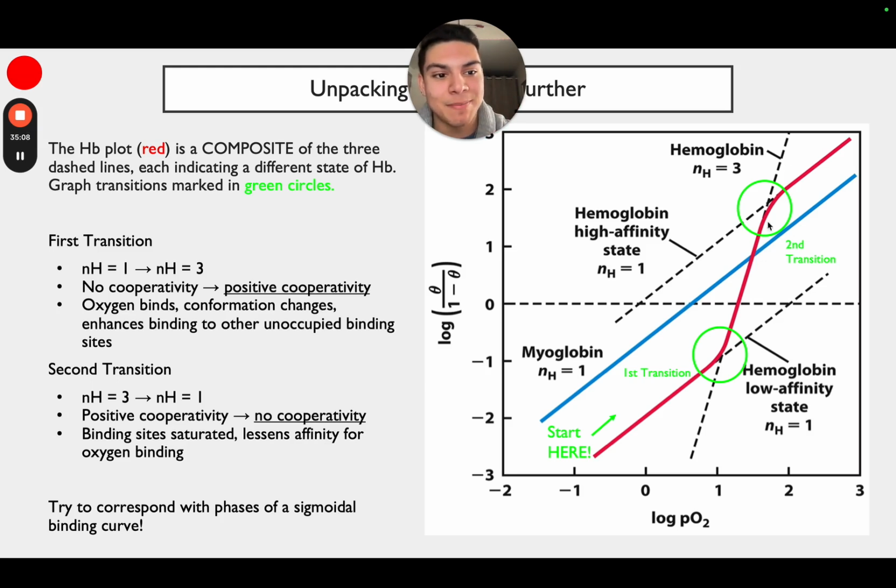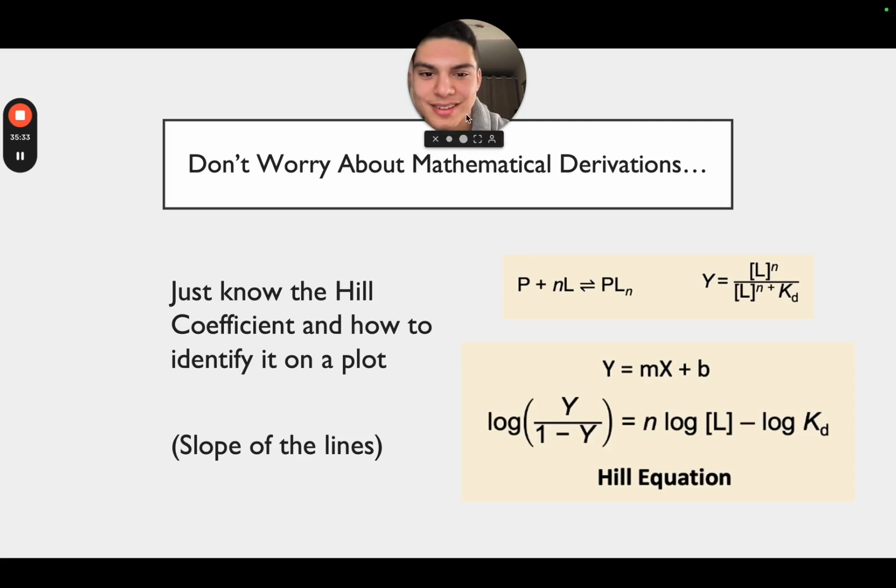If the binding affinity remained extremely high infinitely until it's fully saturated, then how would it ever offload it? So it has to go back to this no cooperativity state. And yeah, again, try to correspond the phases of the sigmoidal binding curve with this one right here. So once you figure that out, you kind of have this concept solidified.